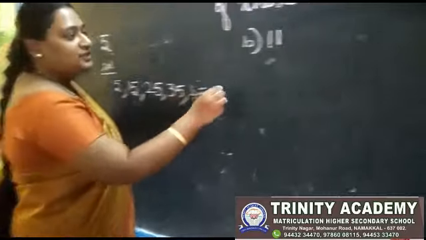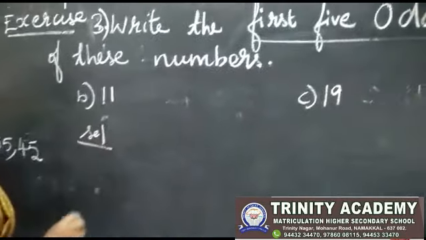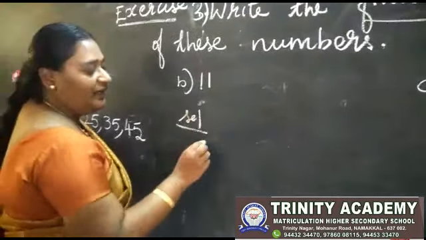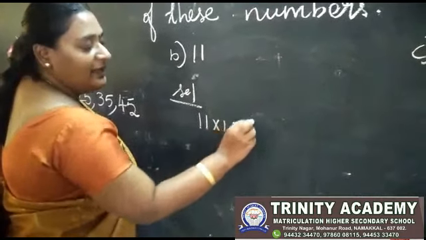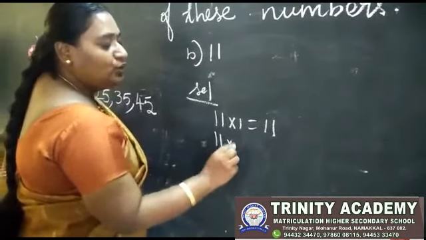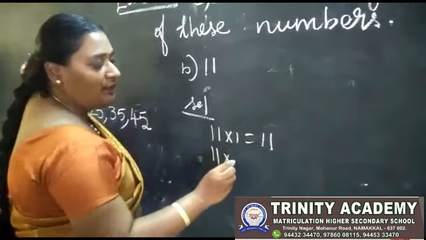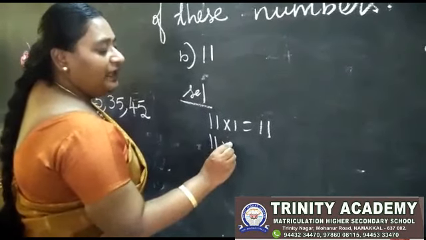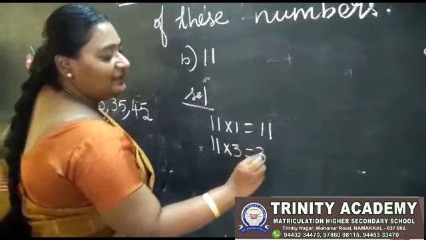Next, question 11. We have to find the odd multiples of 11. So 11 ones are 11. 11 2s are 22. 22 is not an odd multiple. 11 3s are 33.